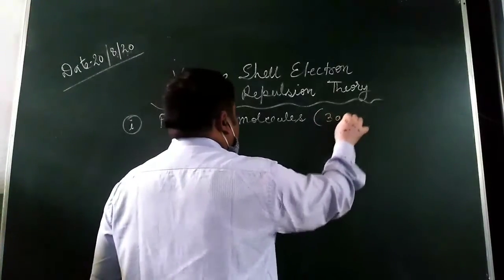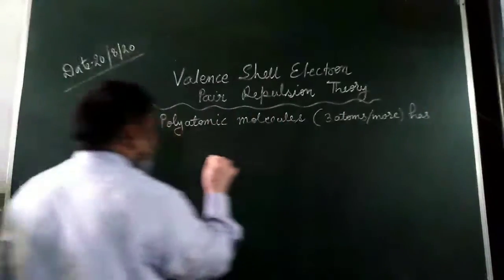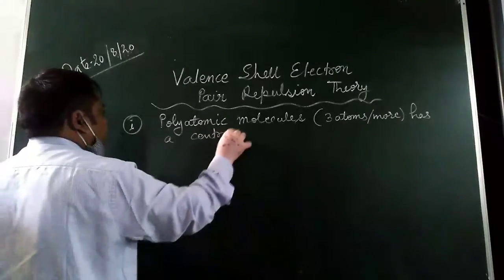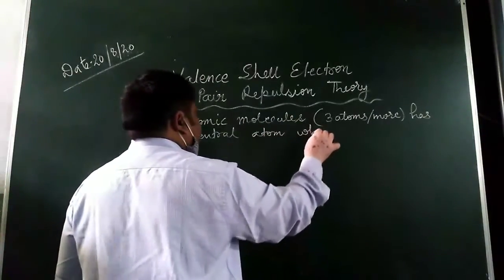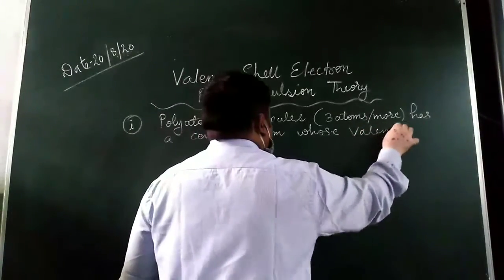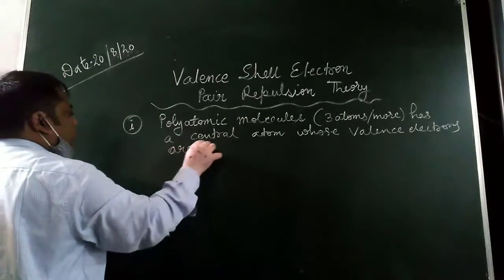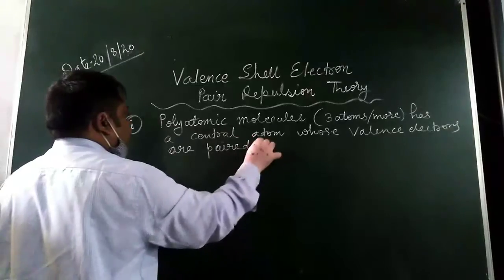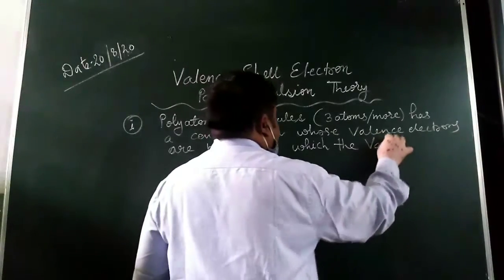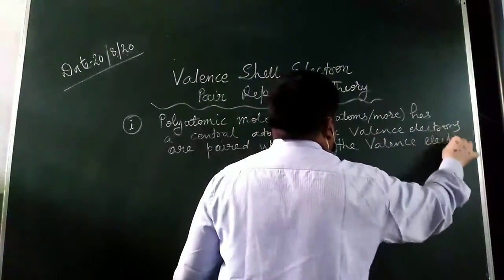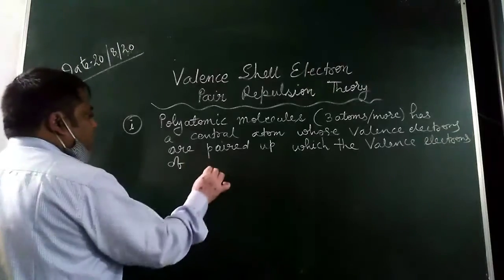Polyatomic molecules with 3 atoms or more have a central atom whose valence electrons are paired up with the valence electrons of surrounding atoms.